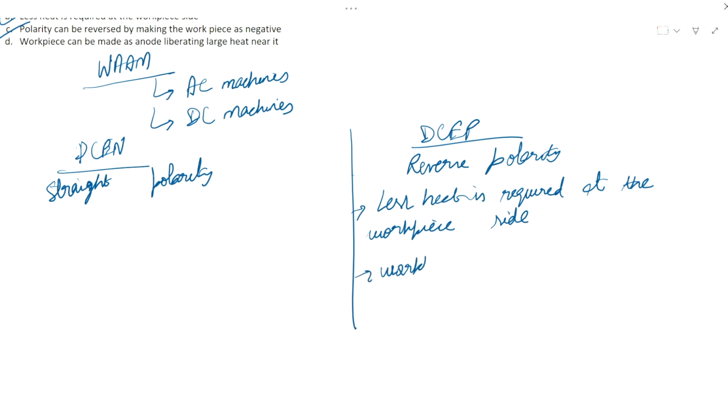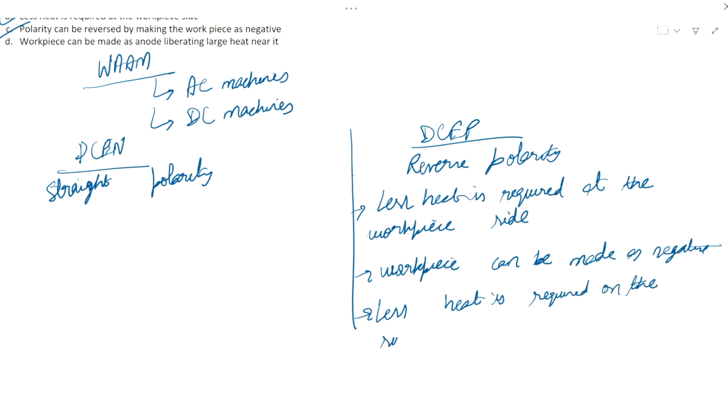Workpiece can be made negative and less heat is required on the substrate. Now here more heat is required at the workpiece side.